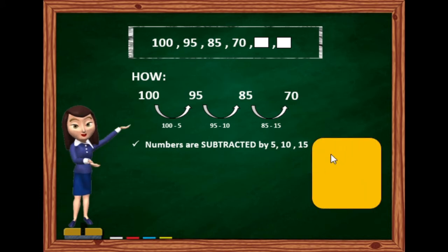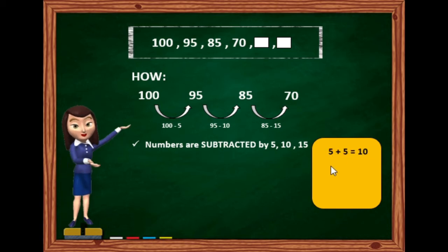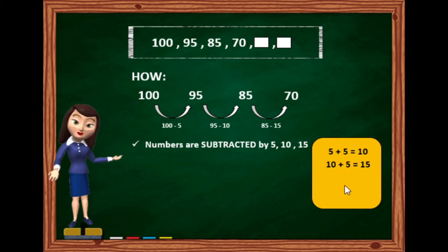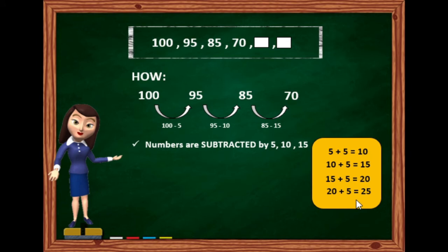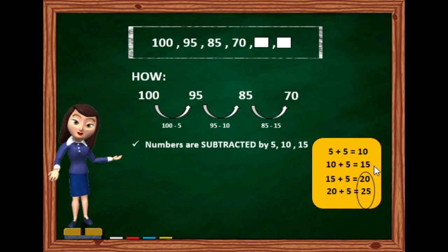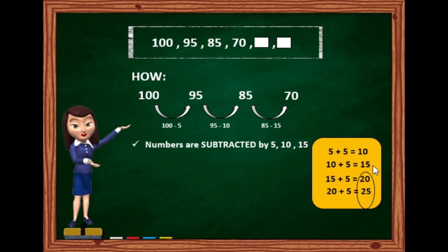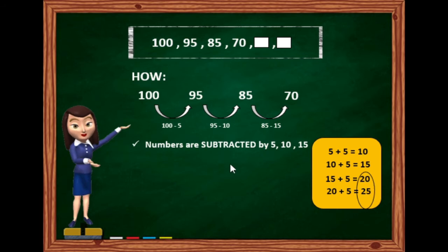Let's try to look at the relationship. 5 plus 5, we have 10. 10 plus 5, we have 15. 15 plus 5, we have 20. 20 plus 5, we have 25. And since we are done with using 10 and 15, for the next numbers, we should subtract 20 and 25.